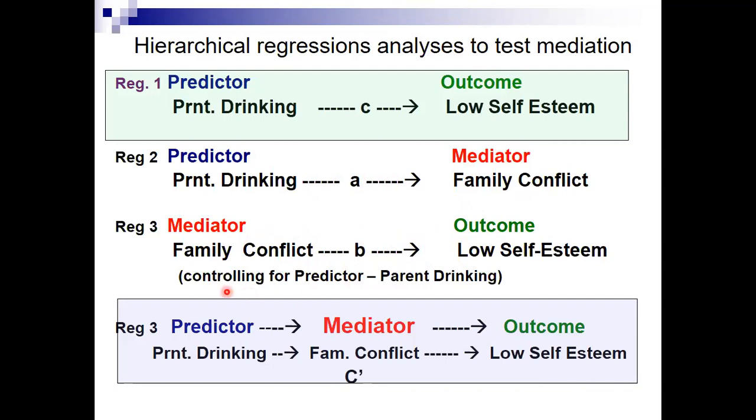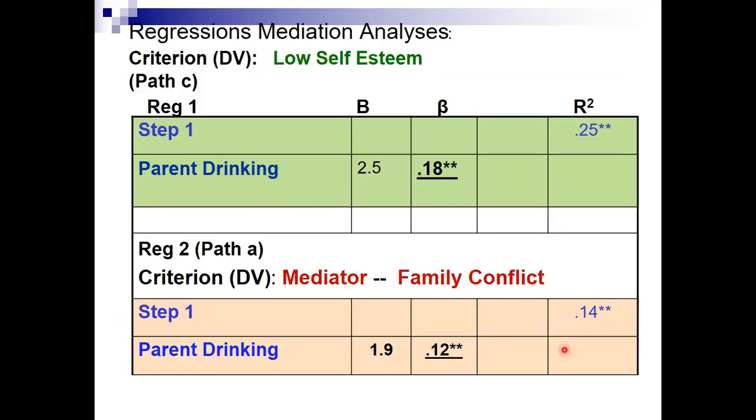While at the same time, of course, controlling for the predictor, that's parent drinking, the predictor X. And then regression 4, actually, you'll have the predictor, mediator, outcome. So you'll have predictor and mediator as two independent variables, and then the outcome. And then you observe. So we'll show you how to do that, okay? Now, this is an example of how you implement these steps.